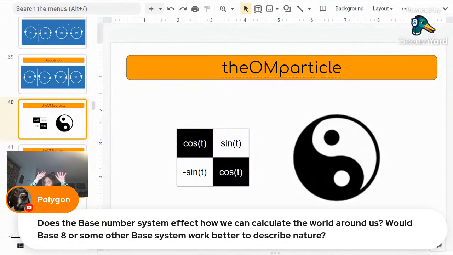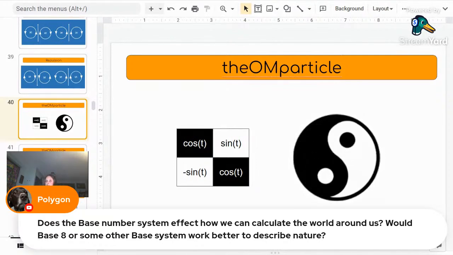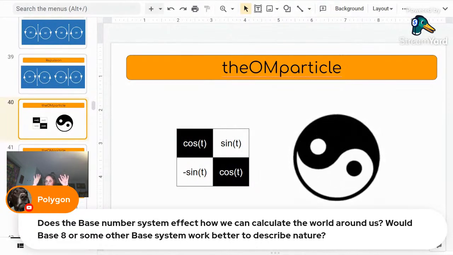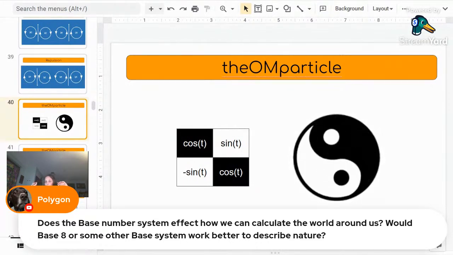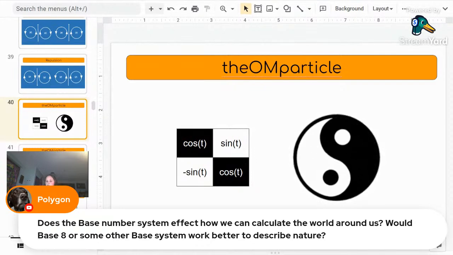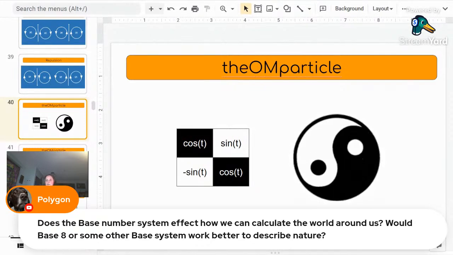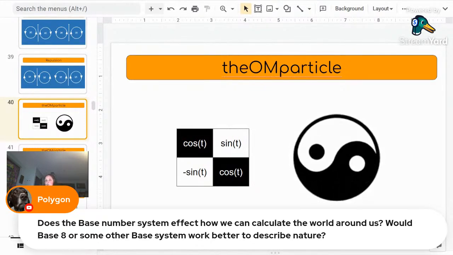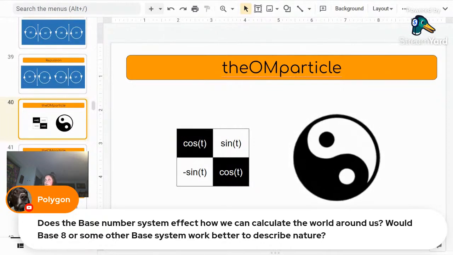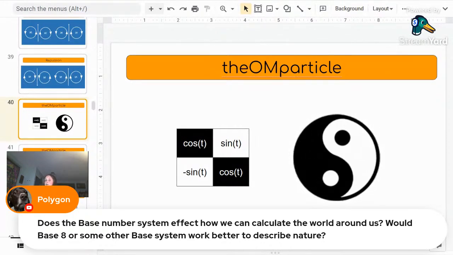And so I think the reason we use base 10 is because it makes counting easier. When you can count using your fingers and toes, base 10 is good for humans. In terms of describing nature, I don't think it really matters what you use.